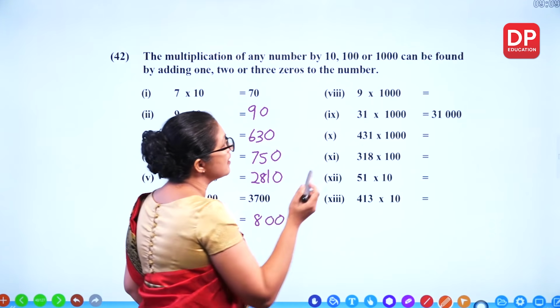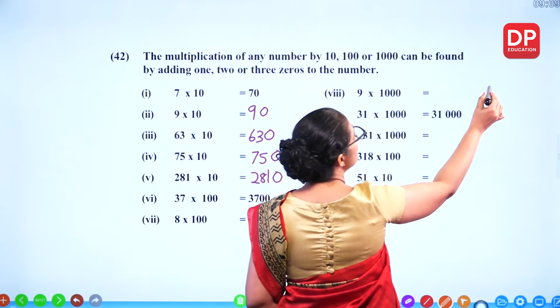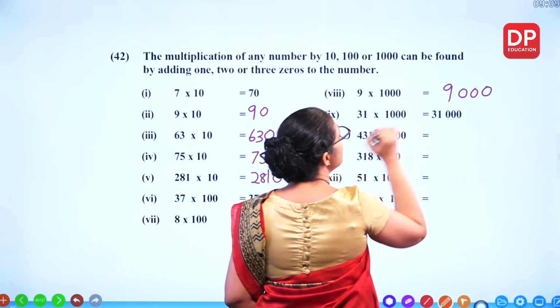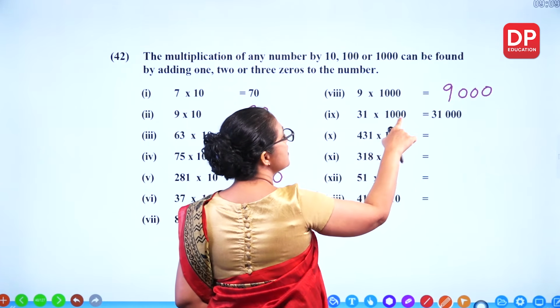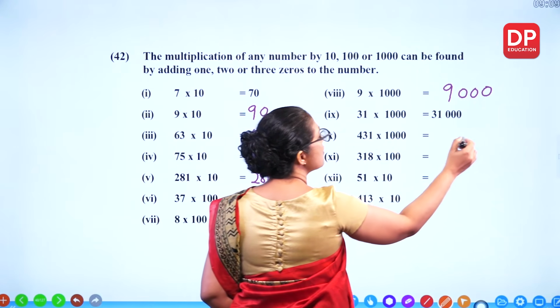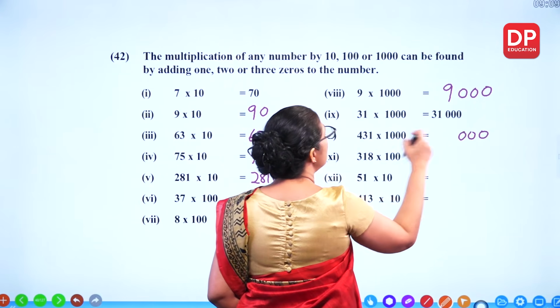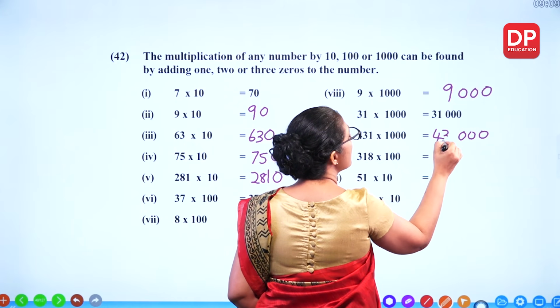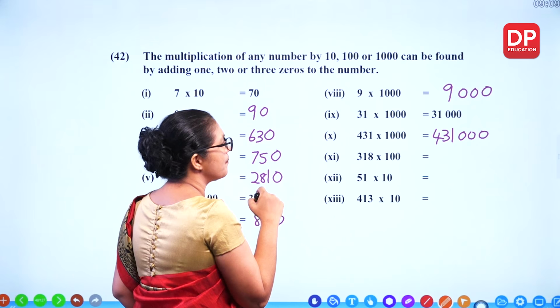Now, 1000. 1000 means put 3 zeros. And 9 times 1, 9. Here also 3 zeros. 31 times 1 is 31. 3 zeros there. And 1 times 431, that's 431.